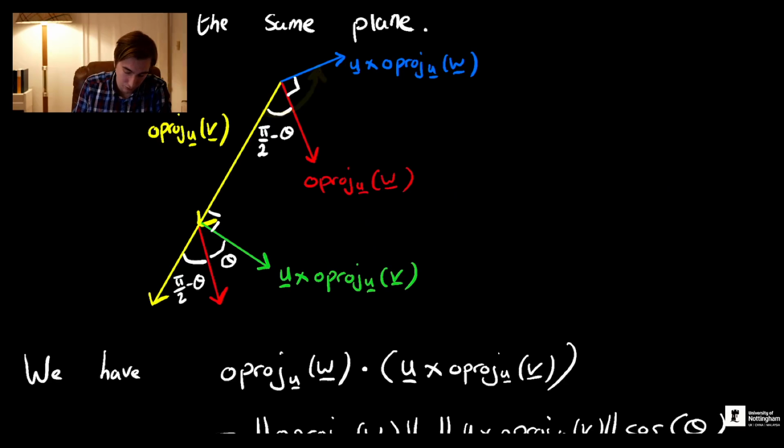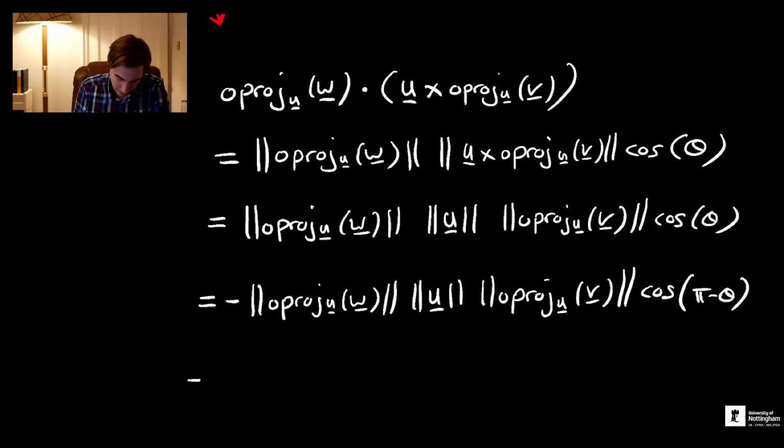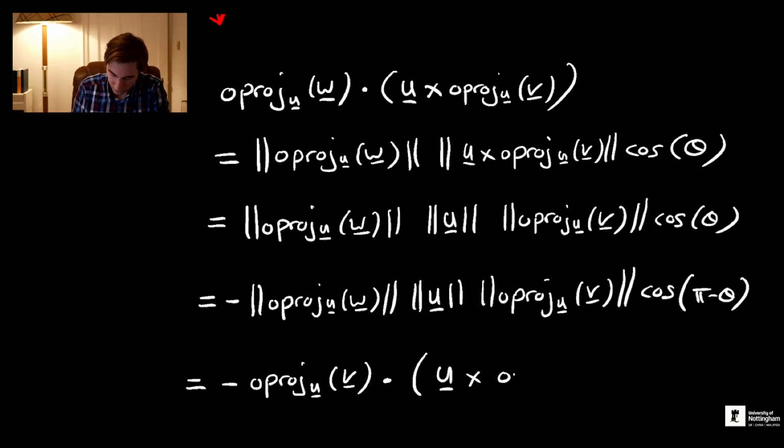So we see that the angle between the yellow vector and the blue vector is exactly this pi minus theta. So we can write this now as minus, exactly as I wrote in the notes, the orthogonal projection of v onto u dotted with u crossed with the orthogonal projection of w onto u.